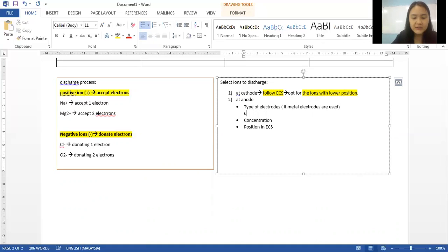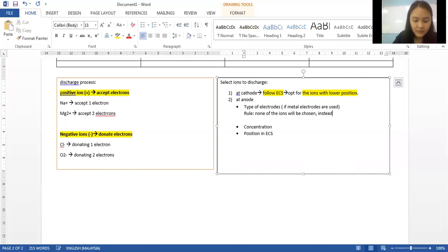And the rule for this factor, if you have picked this factor, the rule that you have to follow is none of the ions will be chosen. So remember, if your factor is type of electrodes, none of the ions will be chosen. Then how do you continue?